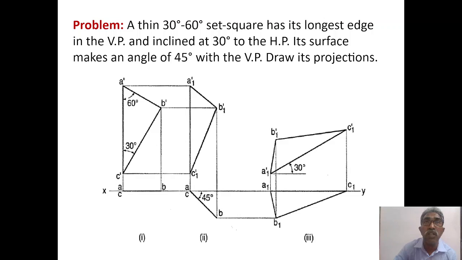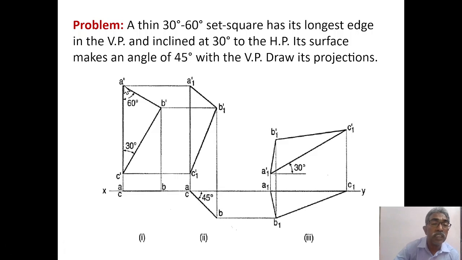In regular polygons, all sides are equal in length. Therefore, you can take any side. But in this plane, as the sides are different in length and a specific side is given, you have to take that specific side perpendicular to the xy. Here the longest side is given in the vertical plane. Therefore, while drawing the true shape of the plane in the front view, you have to take the longest side perpendicular to the xy.